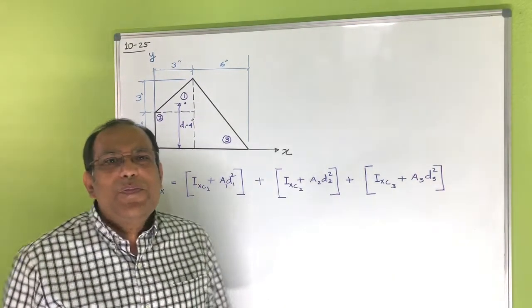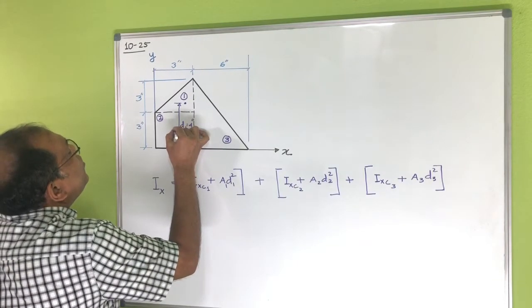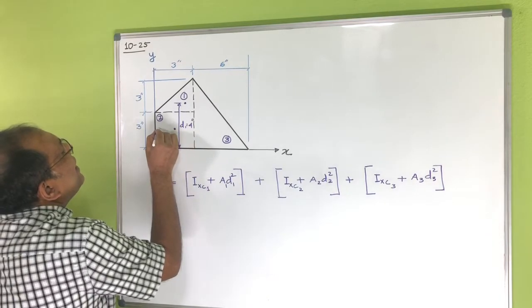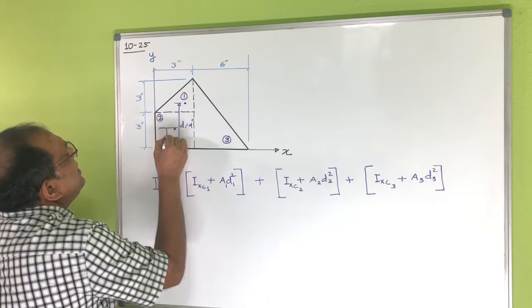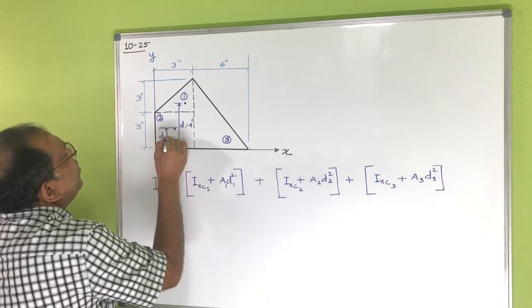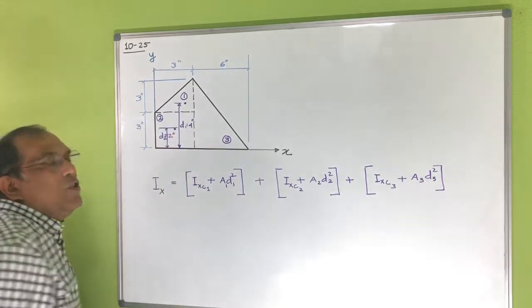Similarly, for component 2, here is your centroidal axis, and the distance from here to here is your d2, which is 2 inch.